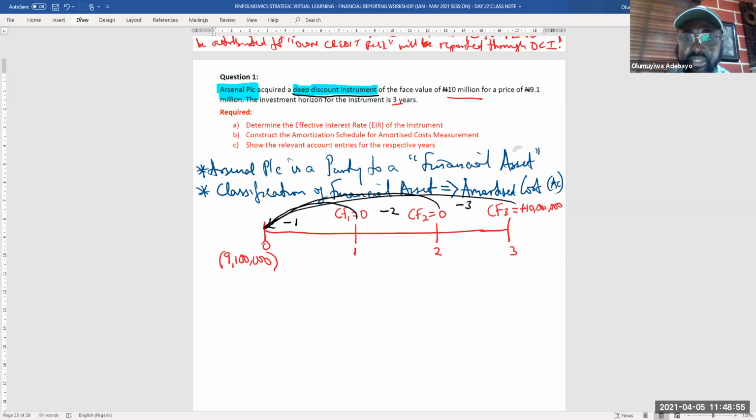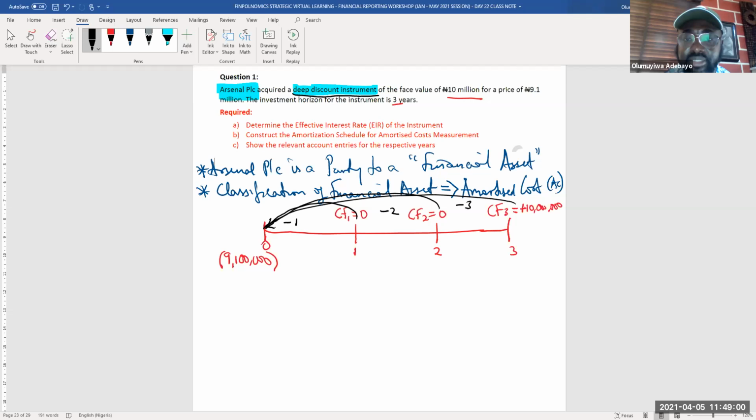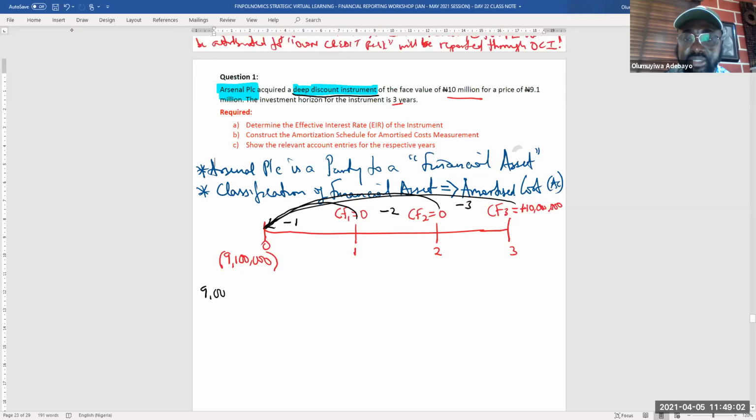Which means we are looking for a rate such that 9.1 million equals what we'll have discounted in year 1, which is this 0, in year 2, and what?